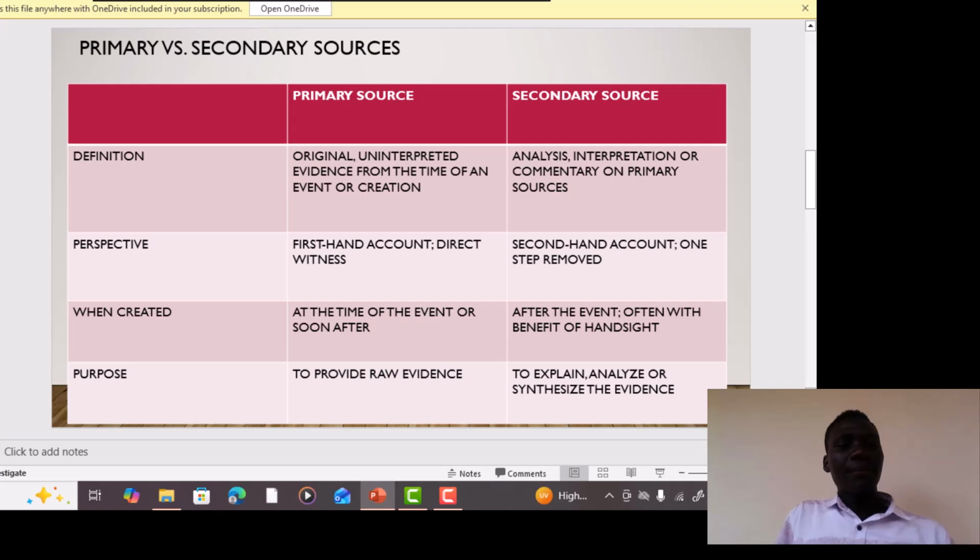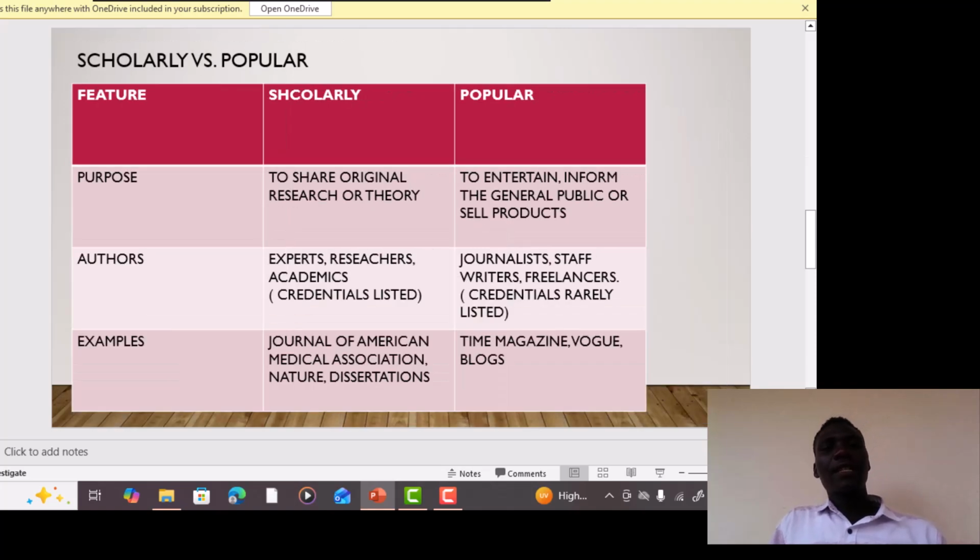Now let's look at scholarly versus popular information. Under the features, we'll start with the purpose. The purpose of a scholarly source of information is to share original research or theory.